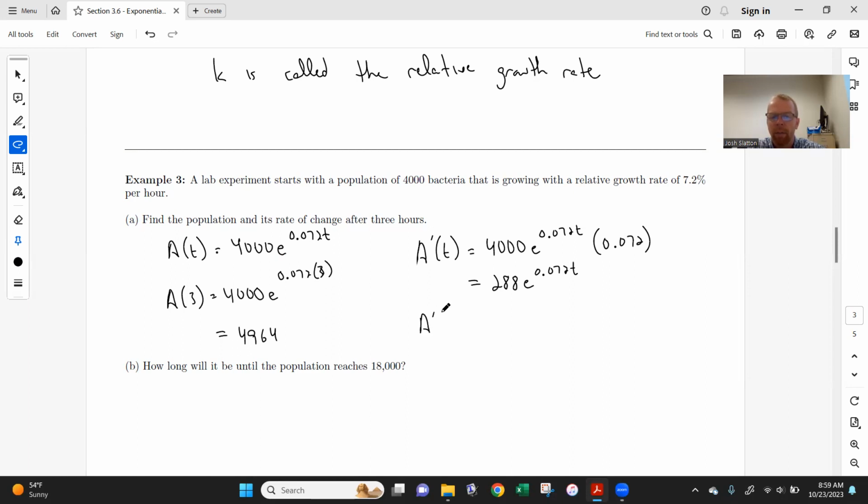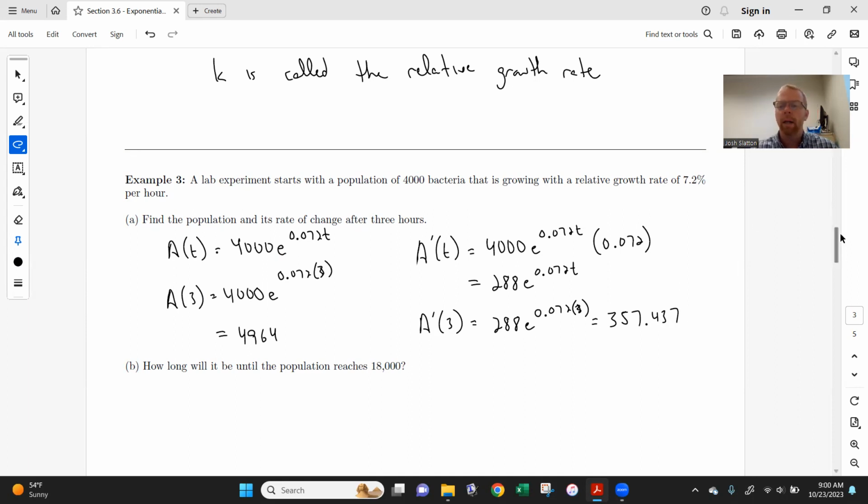And then find A prime of 3. So 288 times e to the 0.072 times 3, and I'll put t again instead of 3. And we get 357.437.